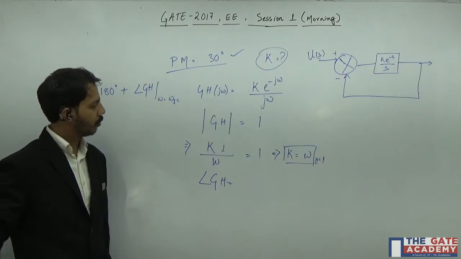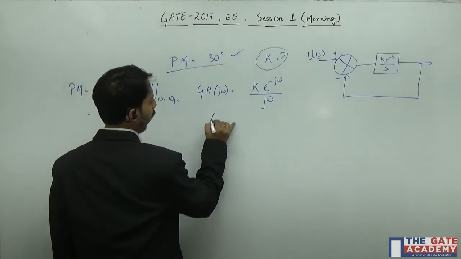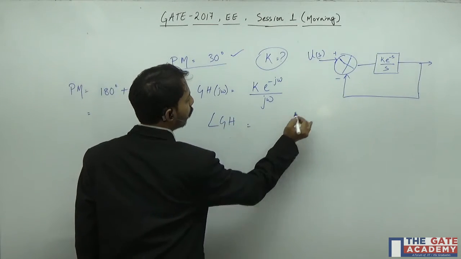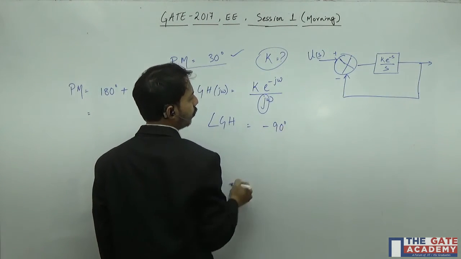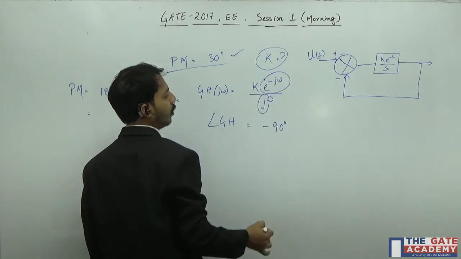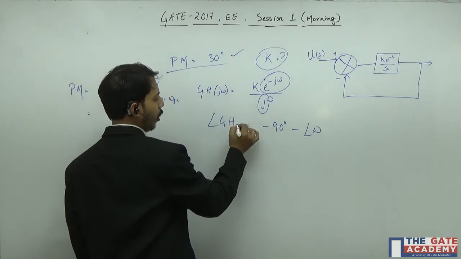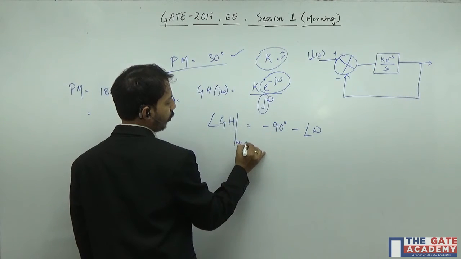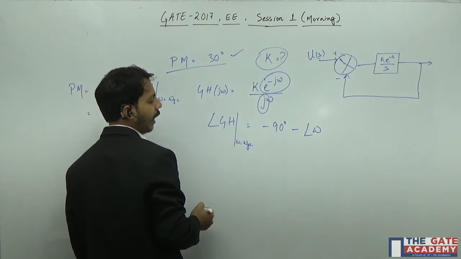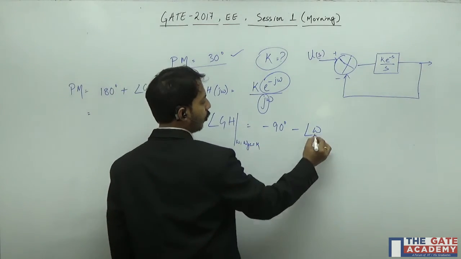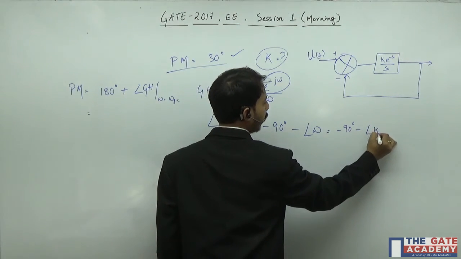The angle of GH is nothing but, for this j, minus 90 degrees will come, and this particular term will give an angle of minus omega. Now at omega equal to the gain crossover frequency, which is nothing but K, this will become minus 90 degrees minus K.